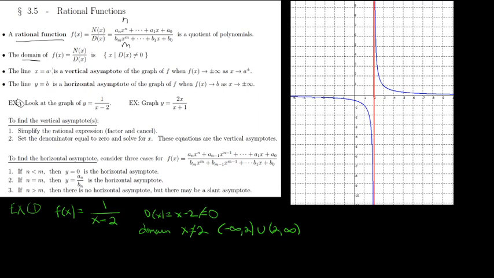Now, one feature of the graphs of rational functions is that they typically have what are called asymptotes. So what is an asymptote? Well, they come in two varieties here. Actually, there are asymptotes that are neither vertical nor horizontal, but in this course we're focusing mostly on vertical and horizontal asymptotes.